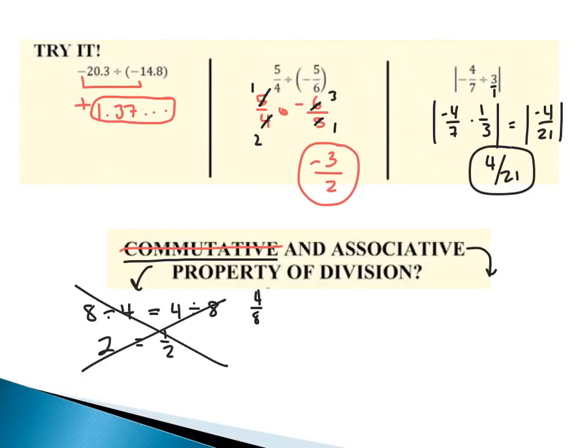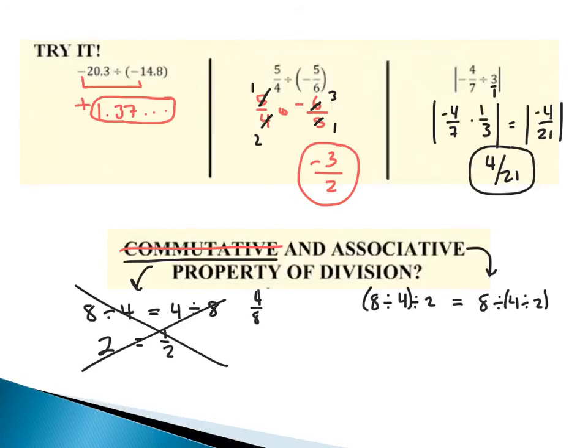Let's go and look at the associative property. So let's take, again, 8 divided by 4 divided by 2. And let's see, does that equal 8 divided by 4 divided by 2? Now notice I'm not changing the order here in which I'm doing it, but I'm grouping these differently. Would it make a difference if I do that versus grouping those two first?